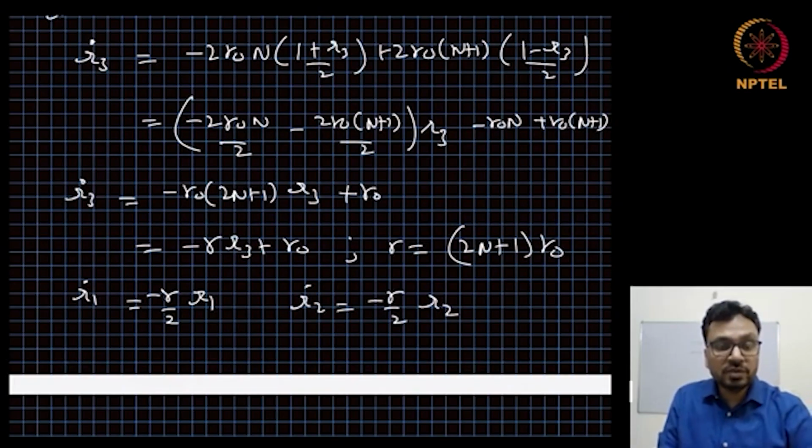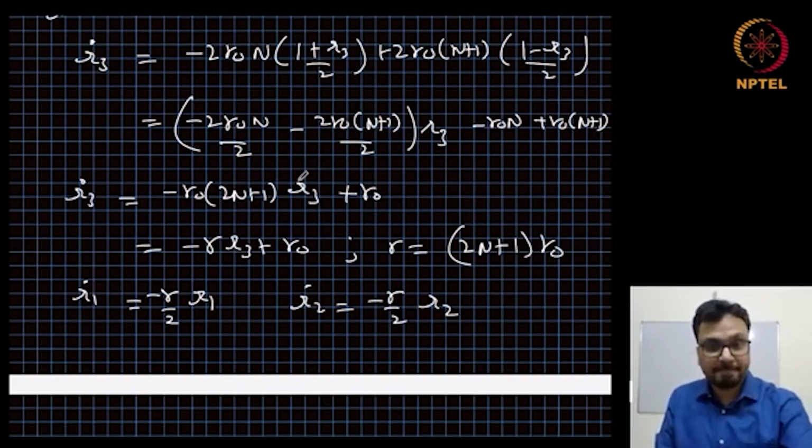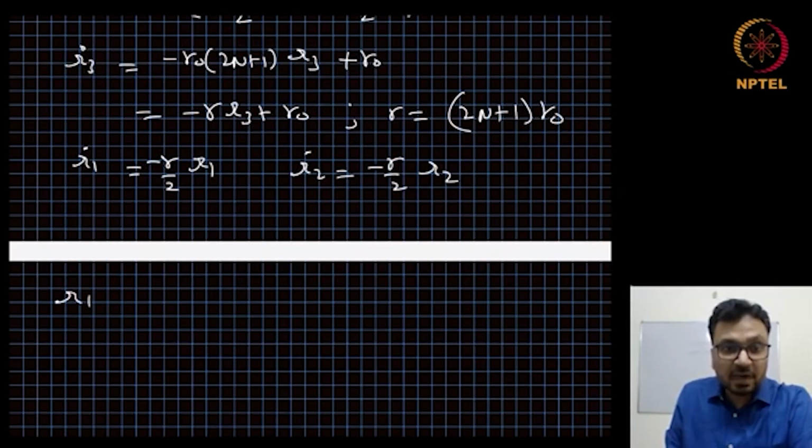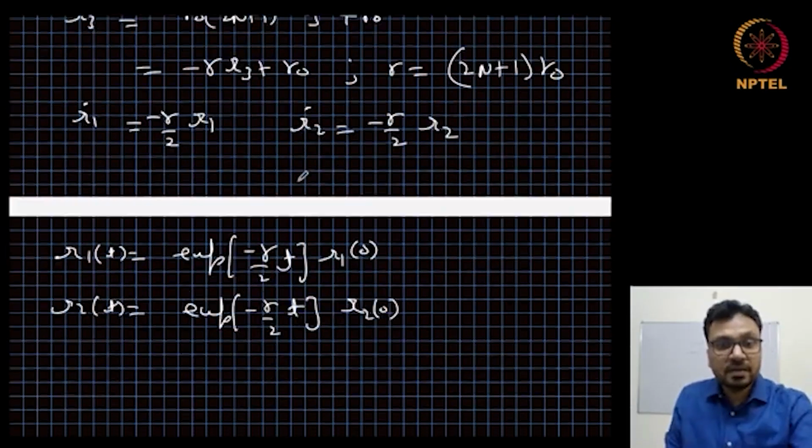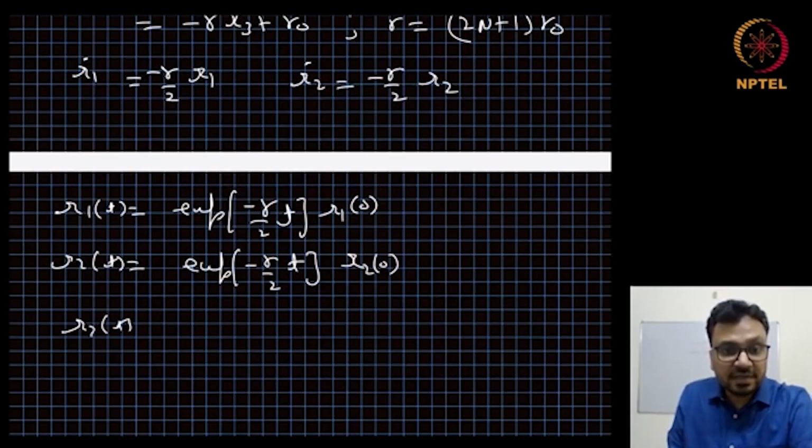So using the Lindblad master equation, we have arrived at the equation of the expectation values of the sigma operators, or the Bloch vector. From here, we can see that R1 of t becomes exponential of minus gamma over 2 t times R1 at 0. R2 of t is exponential of minus gamma over 2 t times R2 of 0. And we have R3 of t, which is some function of t.